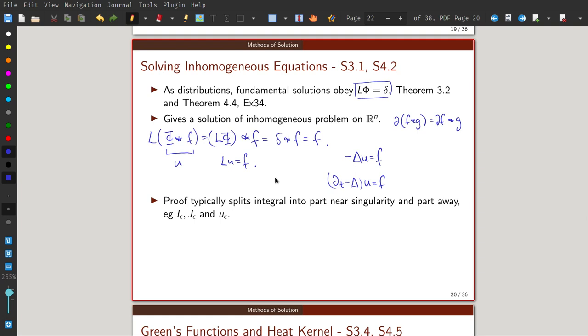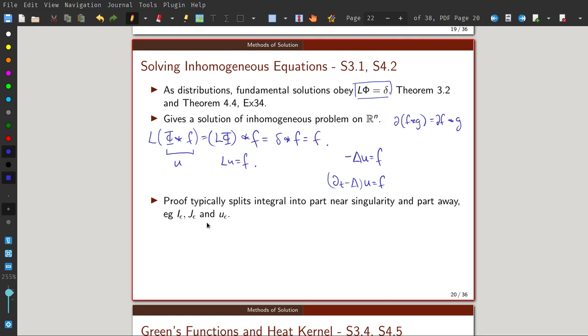Or what you can do instead is you can just take this idea and write down what you think the solution should be, namely the convolution of the fundamental solution and the inhomogeneous term, and then just prove directly that the function you define in this way does solve the inhomogeneous partial differential equation. And this is the approach taken in the proofs of this course.